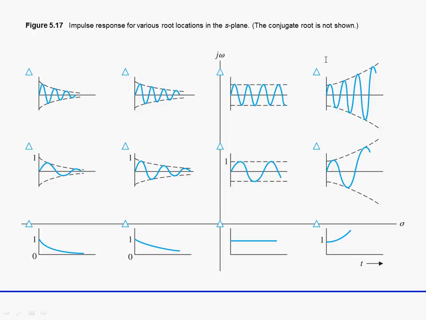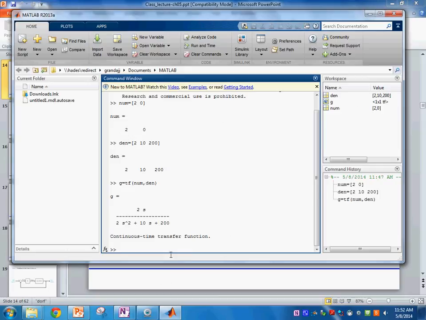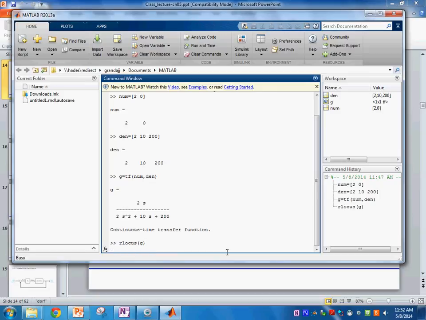Okay. So let me just do the transfer function here so you can see the response of this. If I ask where those roots are, I am going to get this kind of plot.